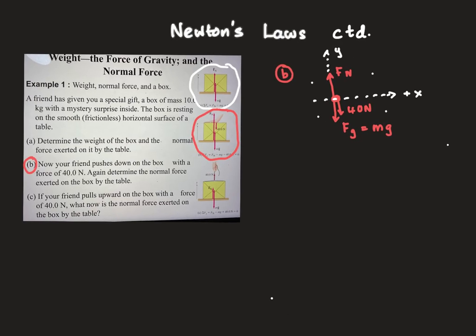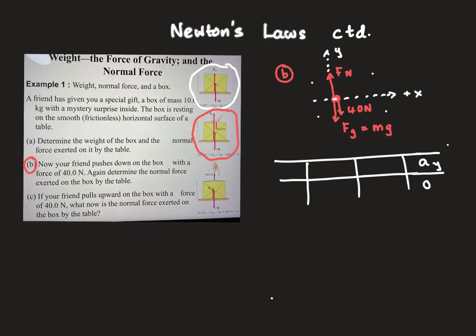So we can set up the table if you like, and call this the sum of F along y table. The box is not going anywhere, therefore the acceleration equals 0. And then here's my positive direction, but it is not relevant here.